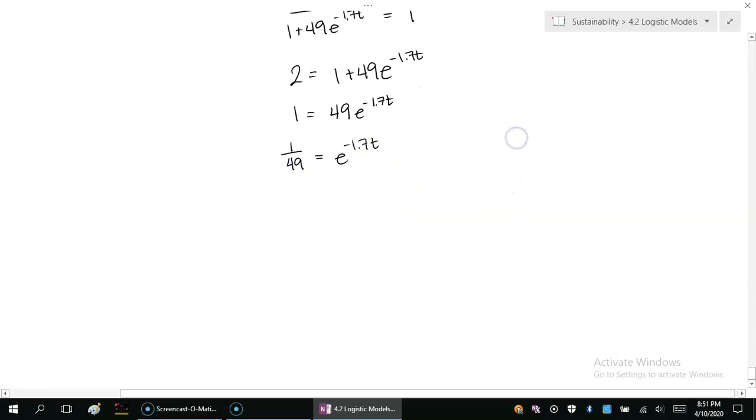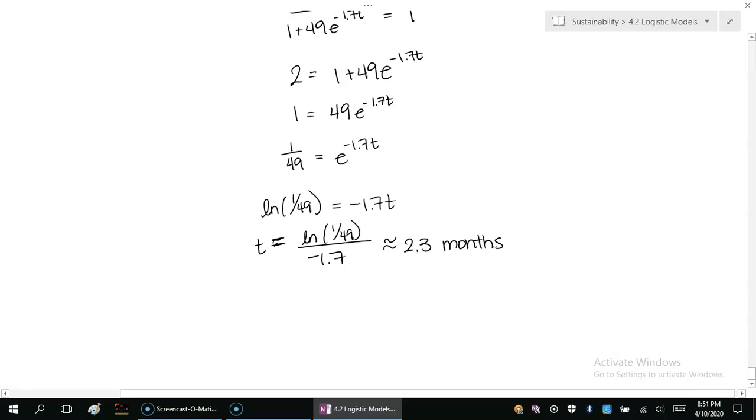To get t out of the exponent, take the natural log of everything. And solve for t by dividing by this negative 1.7. So I get that the peak happens when t is equal to the ln of 1 over 49 divided by negative 1.7, which is approximately 2.3 months.